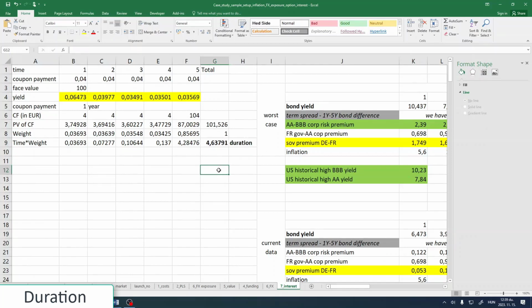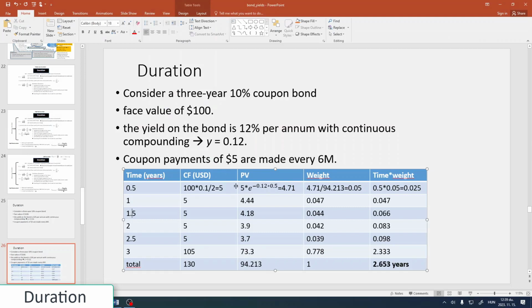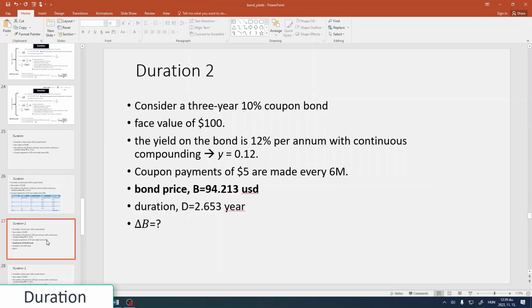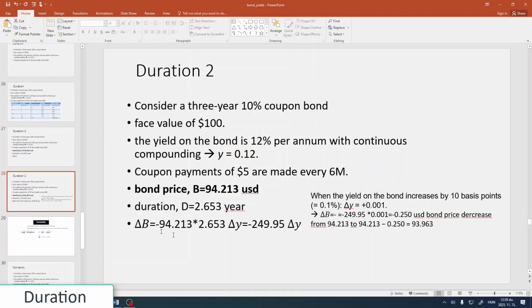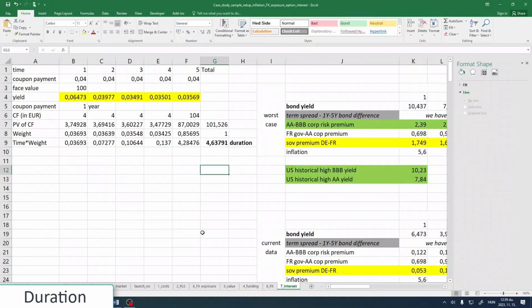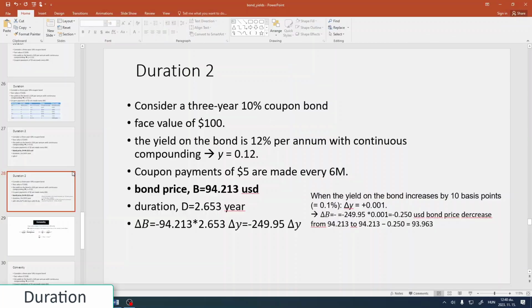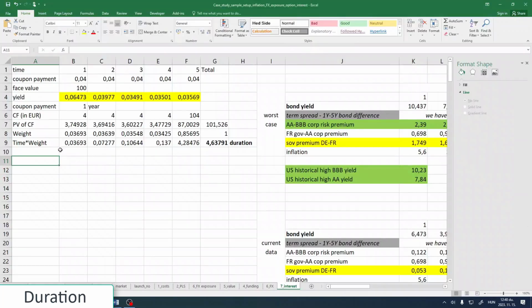Okay, we have a beautiful number here. What does it mean? It means years, but practically it means the sensitivity of the bond towards yield changes. So let's see what happens with the bond price.